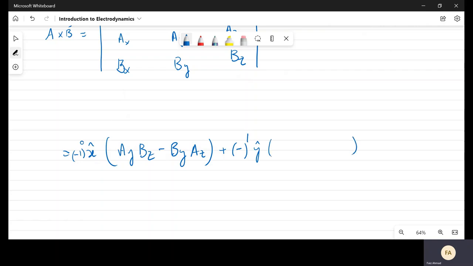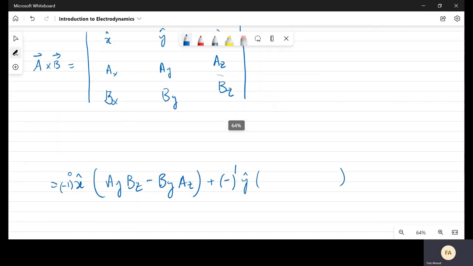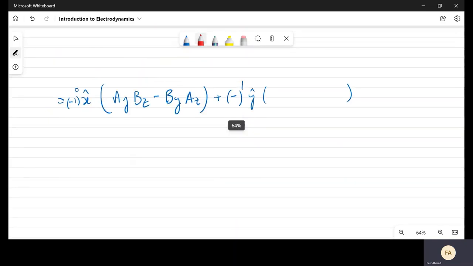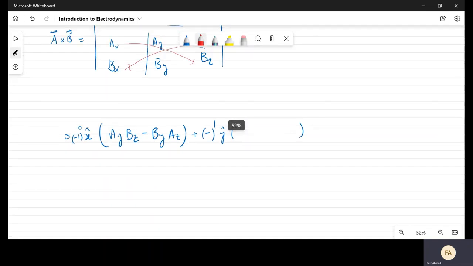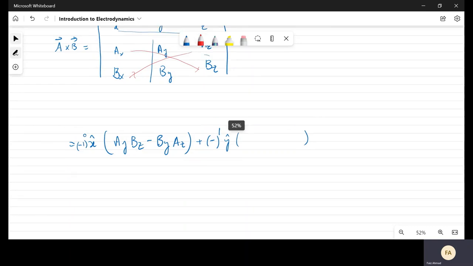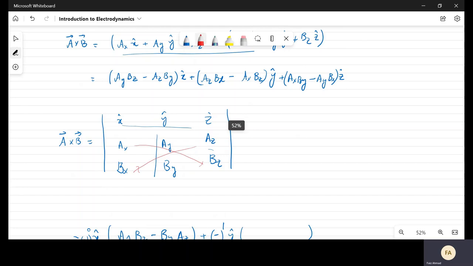Then we are left with these two terms, so we compute them and put them there, and so on for the third one. I find it easy to compute the cross product this way compared to the other method we were using.